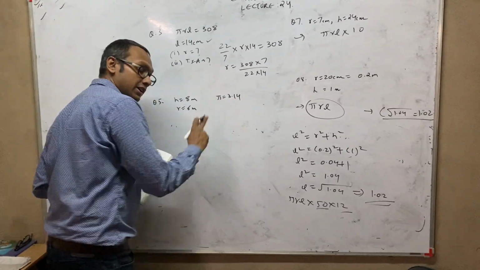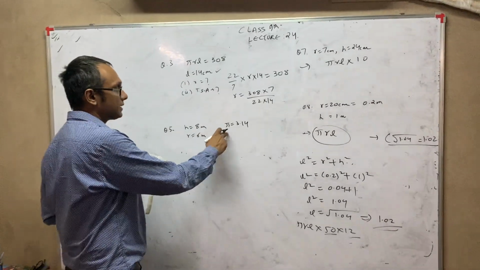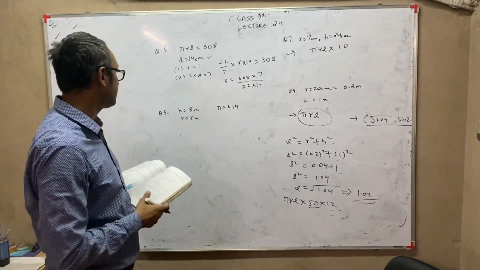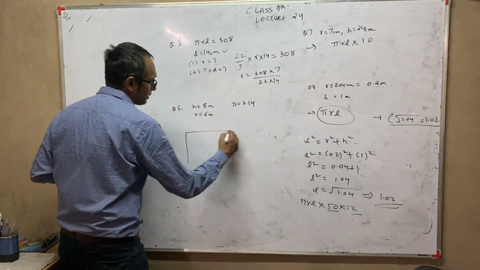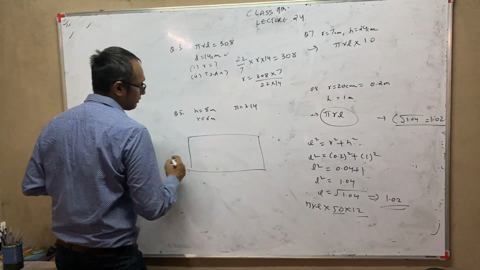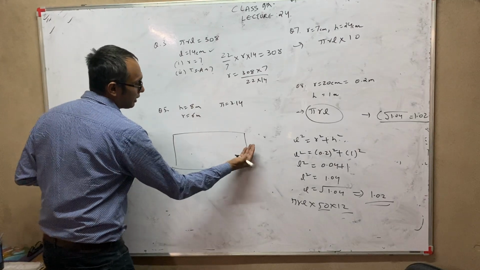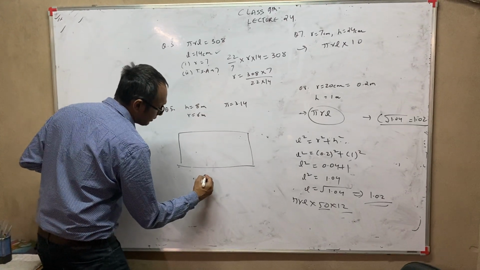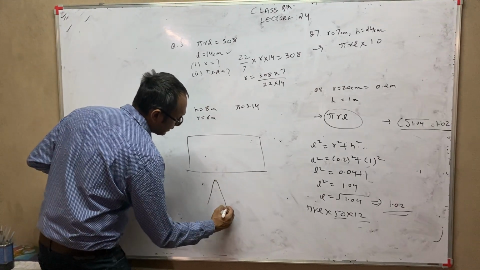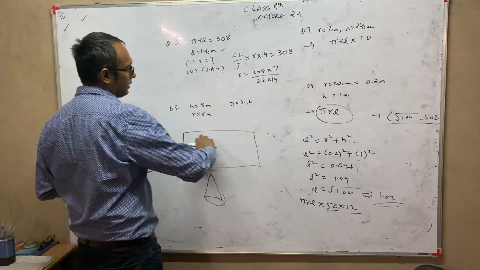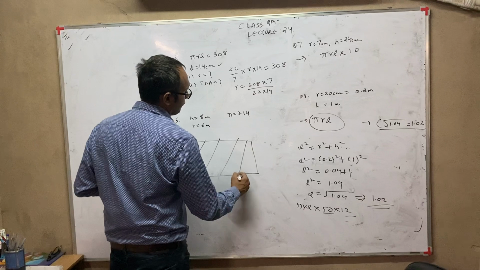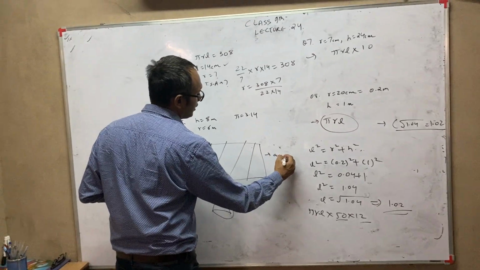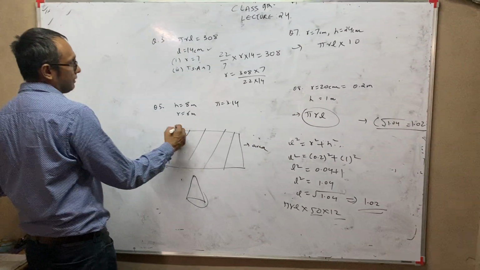Now in this question we have to remember to use the pi given, otherwise the answer will not match from the back. Now before we discuss this sum, suppose this is a rectangular sheet. Okay. Now this sheet when I fold it, I can fold it in the form of a conical tent. Okay. So now basically if we know the area of this sheet, so basically this is length into breadth.